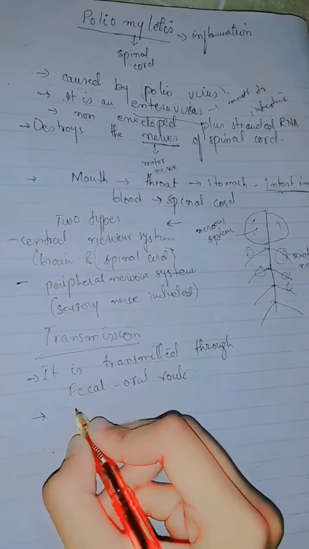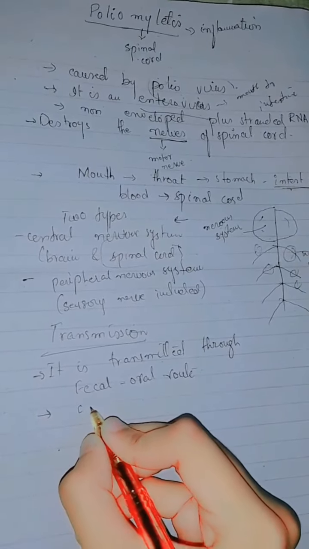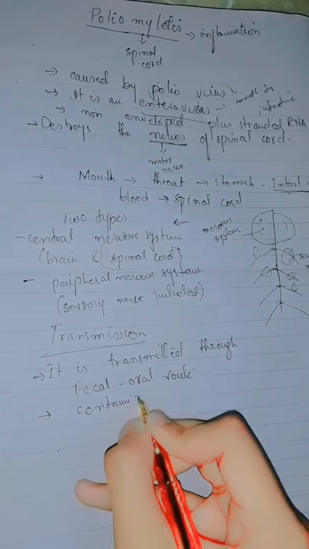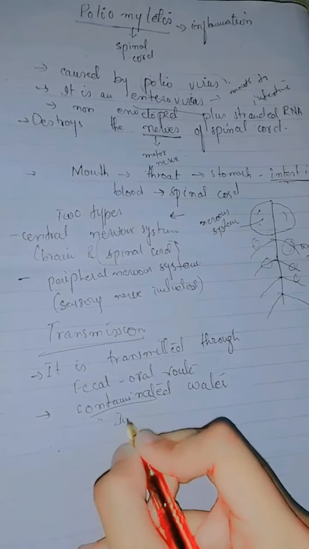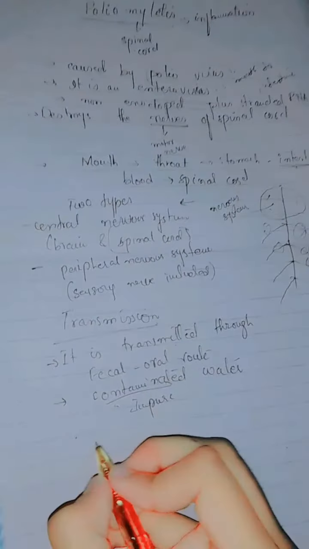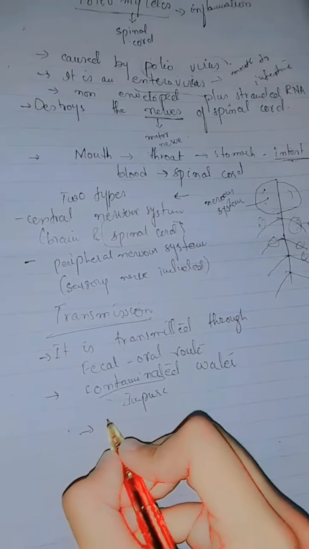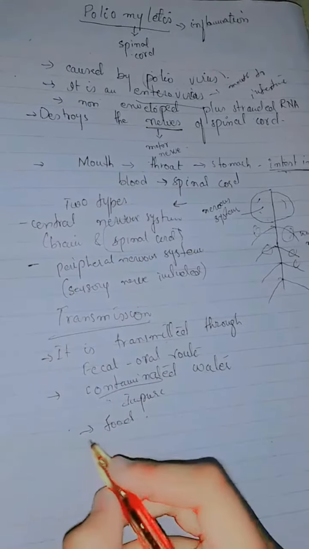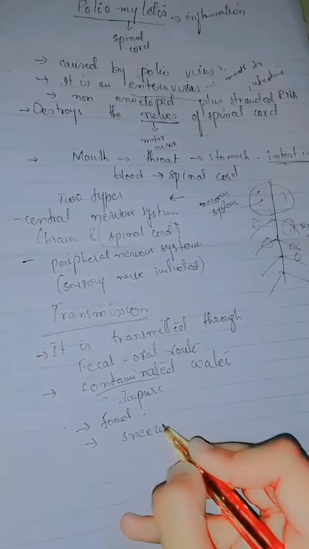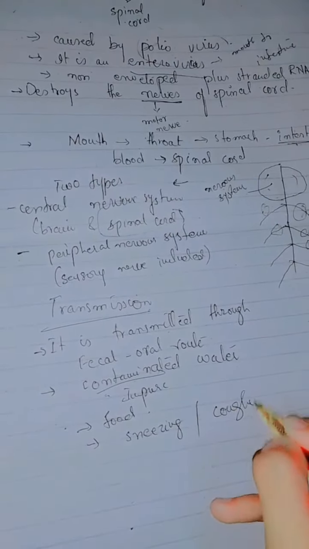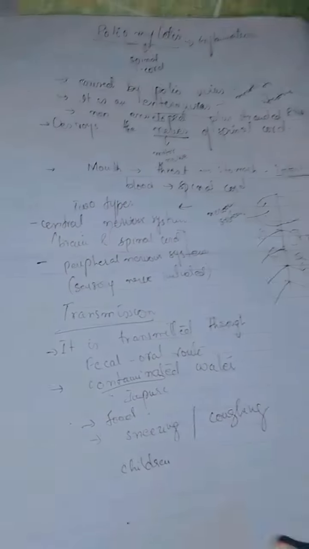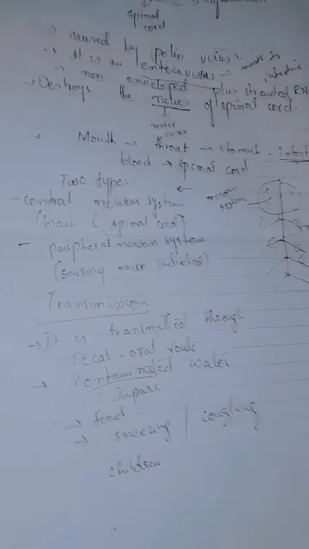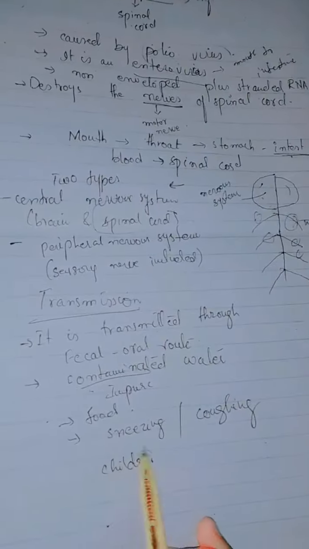Second, it is transmitted through contaminated water, like impure water. It is also transmitted through food. It is also transmitted through sneezing or coughing. And this disease is mostly common in children, and it will affect adults as well, but mostly it is common in children.